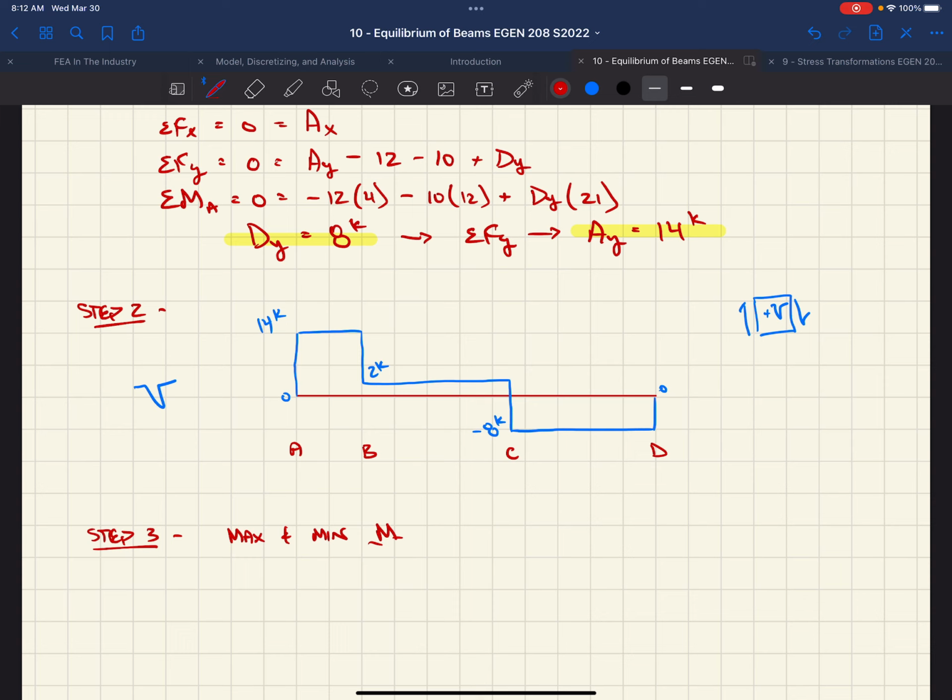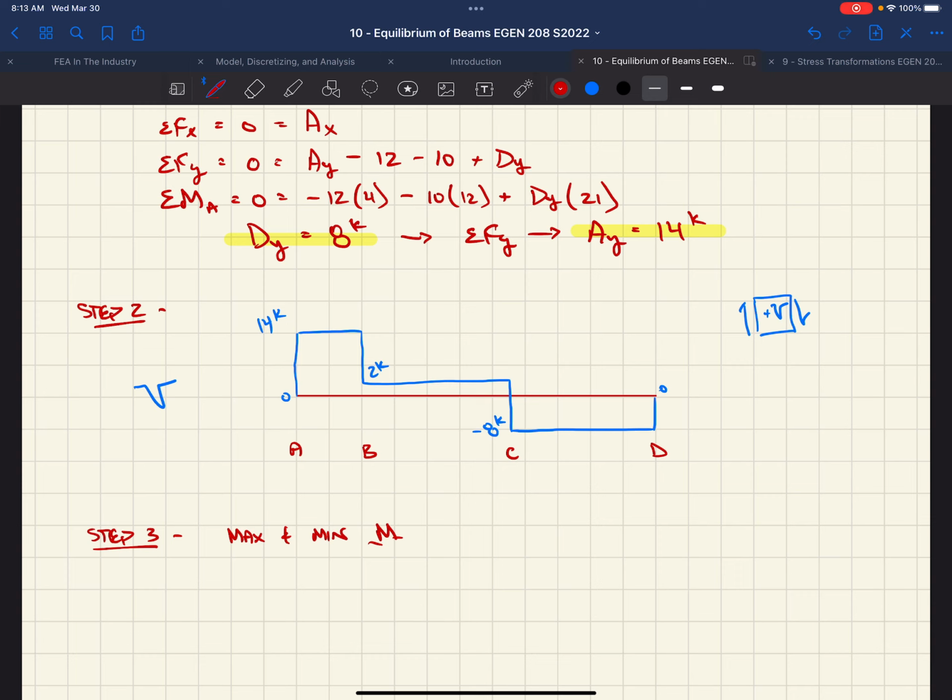What's that? Point C. Yeah, point C, right? Because we're going to be increasing. We're going to start at 0 moment because we have no moment reaction at our pin support. We're going to start at 0, and we're going to be gaining moment for every positive area that's in our shear diagram. And then when we get to negative, we're going to be taking away from that. So we're going to be gaining until we get to point C, and then we're going to start losing it again.